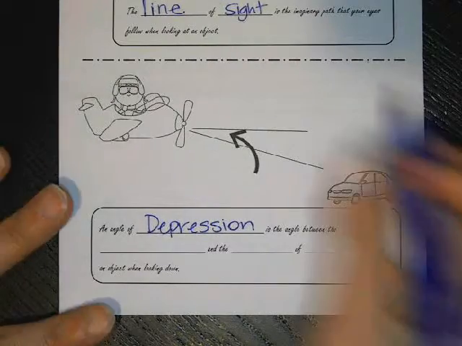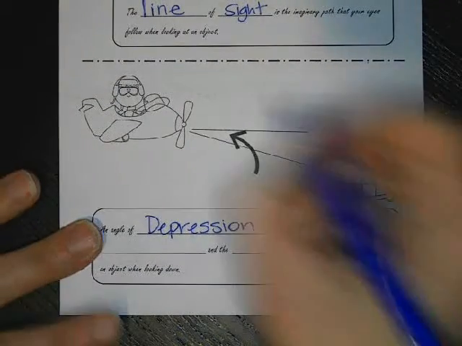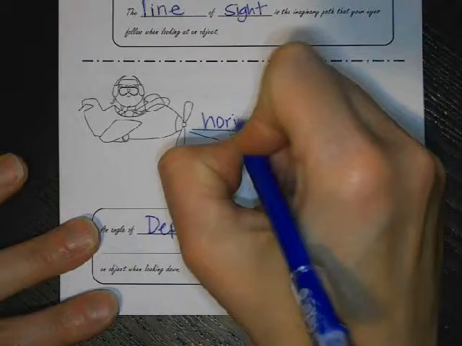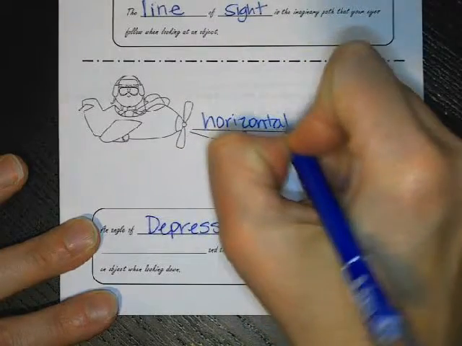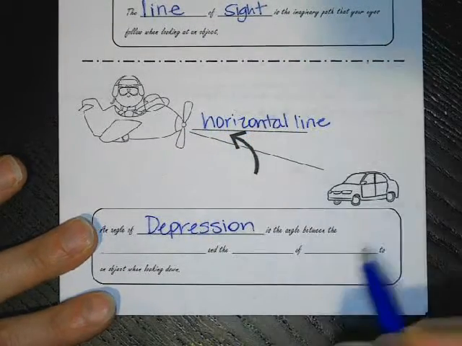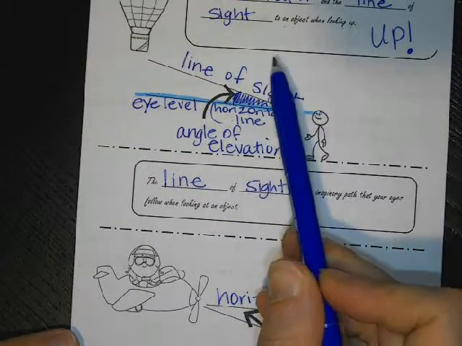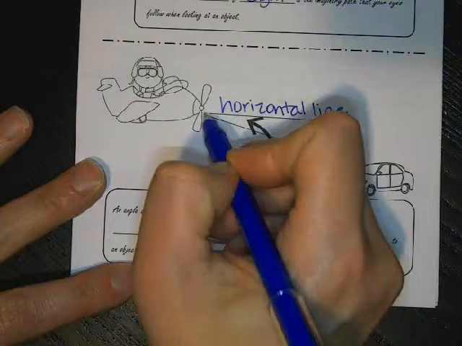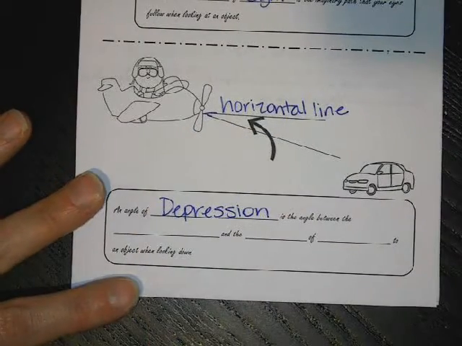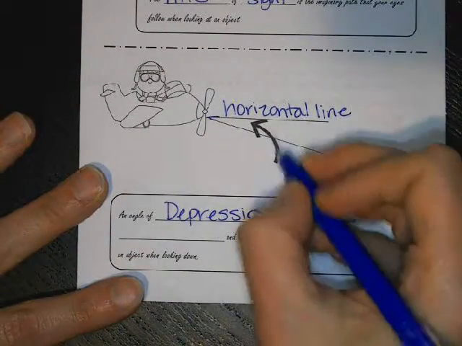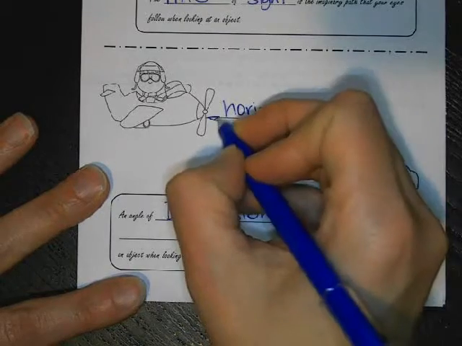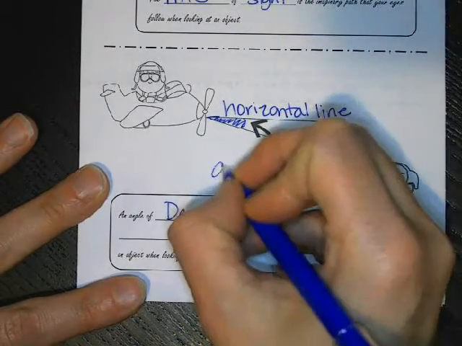And this angle of depression is basically, you've got your horizontal line, and this time it's on top because we're looking down. Okay, so our horizontal line up here was on the bottom because we were looking up, and our horizontal line here is going to be on the top because we're looking down. Okay, this arrow is pointing to our angle of depression.